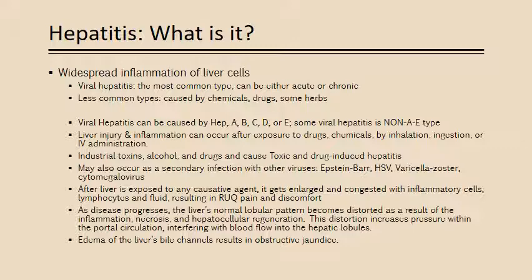After the liver is exposed to any causative agent, it gets enlarged and congested with inflammatory cells. So the liver gets all puffed up, and the lymphocytes and fluid and inflammatory cells all get congested in there, and it results in right upper quadrant pain and discomfort.